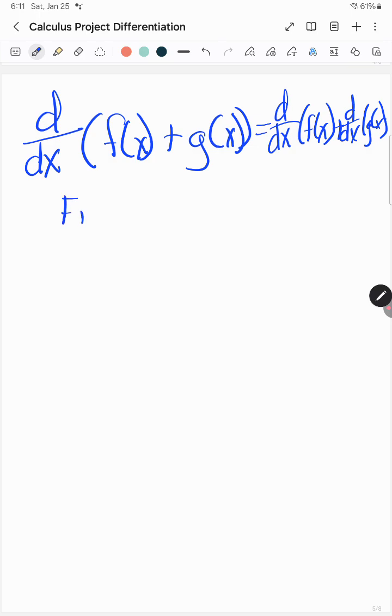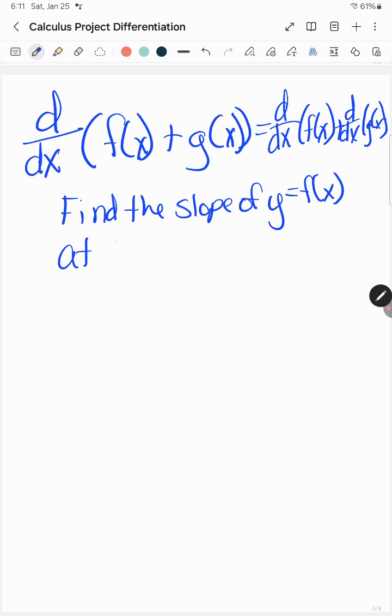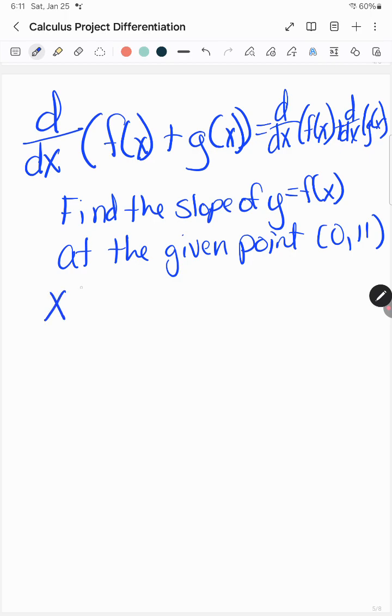So we're going to find the slope of y equals f of x at the given point. And our point is going to be (0, 11). And this is our expression here.